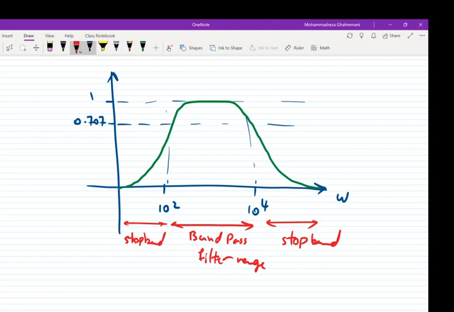And this one, 10 to the power of 4, we call the cutoff frequency high, and 10 to the power of 2 is the cutoff frequency low.